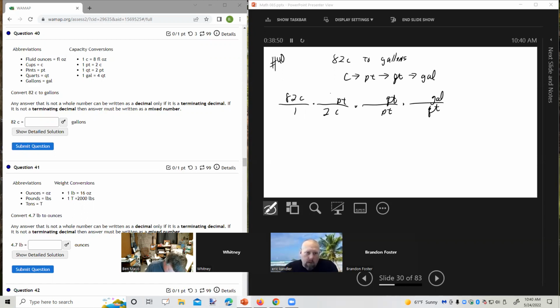There are 2 cups in a pint, 2 pints in a quart, 4 quarts in a gallon. Units of cups cross out, pints cross out, quarts cross out, and I have gallons. On top, I have 82. On the bottom, I have 2 times 2 is 4, times 4 is 16. So I'm going to do 82 divided by 16, which is 5.125 gallons.